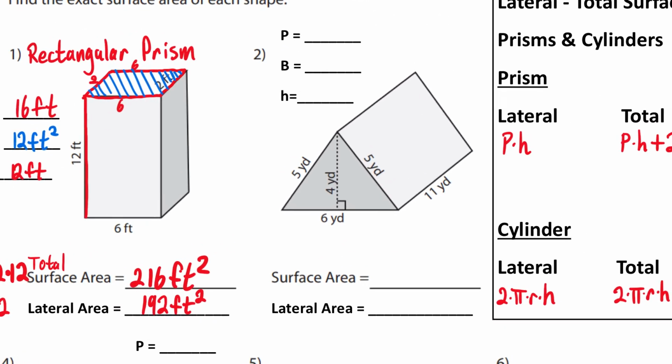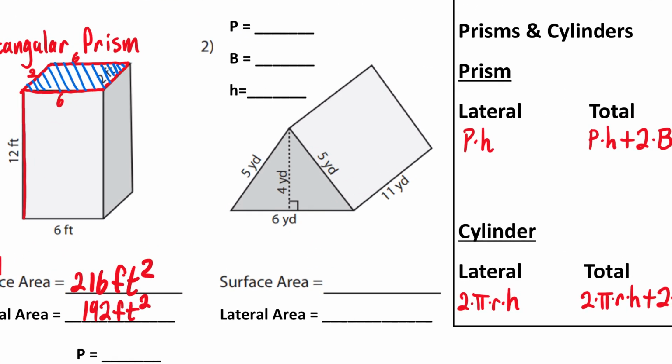All right, number 2. What is this thing? Okay, so this one is a triangular prism. Now, why do we call it a triangular prism?